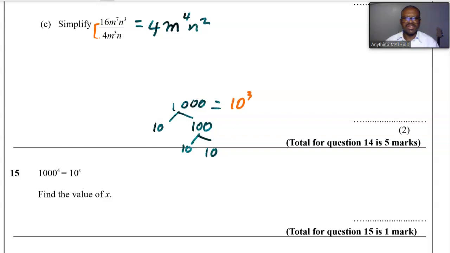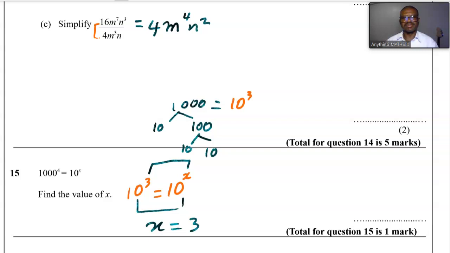Once you are able to write that, you can say 10 raised to the power 3 is the same as 10 raised to the power x. Now, if they all have the same base, it means 3 should also be equal to x. So the value of x now is 3.